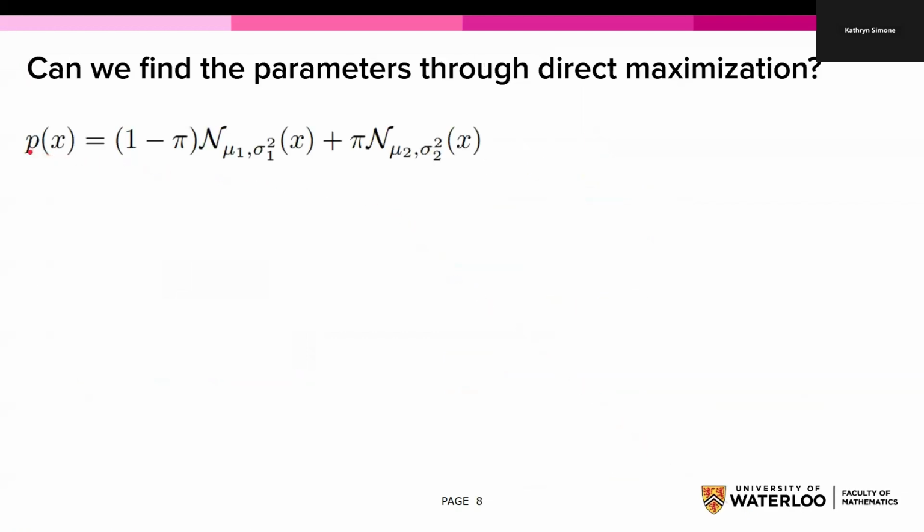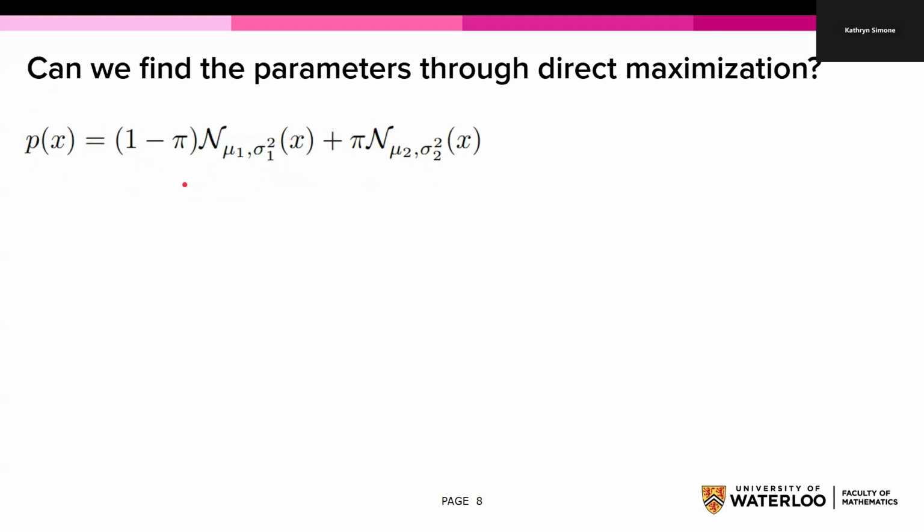So the function that we're working with, the probability density for a Gaussian mixture model for the data p of x, says that the data comes from a mixture of two normal distributions, one weighted by 1 minus pi, and the other weighted by pi. And then, as we saw in the last slide, each normal distribution is defined by its own parameters, mean and variance.